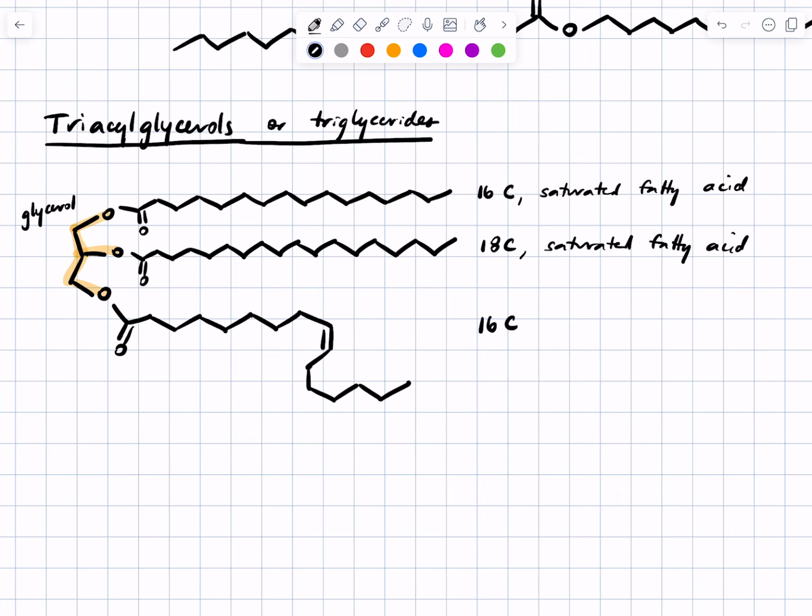This is a 16 carbon fatty acid. It's monounsaturated because it has one double bond, and that double bond involves carbons 9 and 10, and its configuration is cis. So we'll say that's a 9Z double bond.